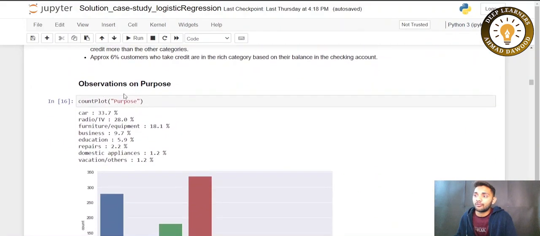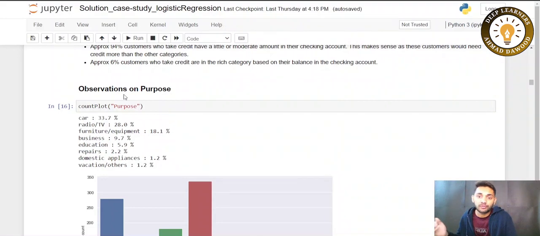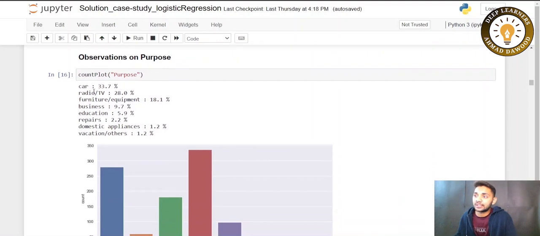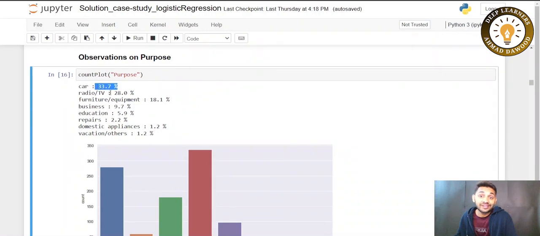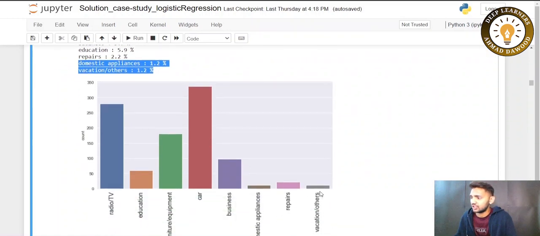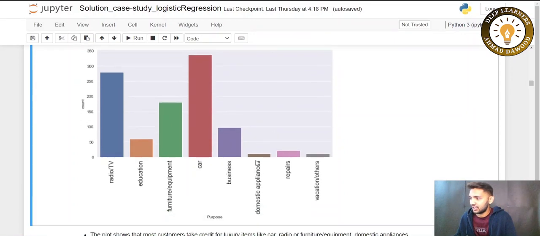Regarding the purpose of the credit amount, a lot of people have credit for buying a car, like 33% belong to that category, 28% belong to radio and TV, and very small percentages belong to the other categories. You can also see the bars from here: this is domestic, this is vacation and others, and car, this red bar, has a high count.